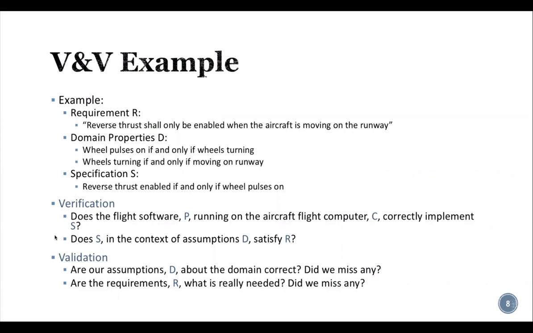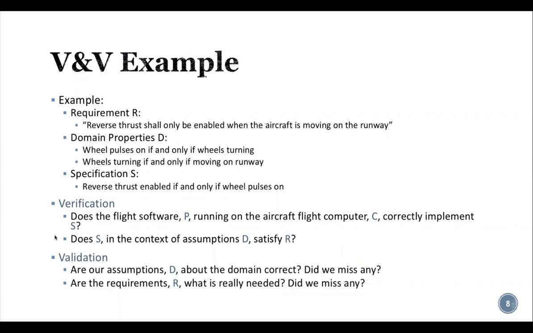In the set of domain properties, we say the wheel pulses should be on if and only if the wheels are turning. Another domain property: wheels turning if and only if moving on the runway. The specification could be: reverse thrust enabled if and only if wheel pulses on.